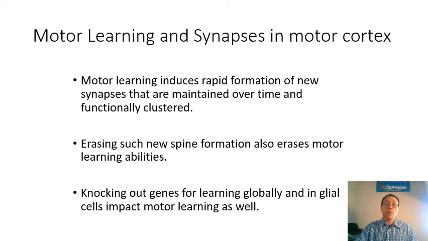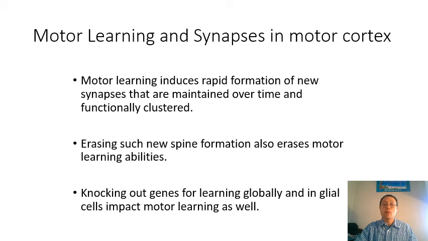So the first thing you'll see is that motor learning induces a rapid formation of new dendritic spines or synapses that are maintained over time and are also functionally clustered. Erasing these newly formed spines can also erase motor learning abilities.